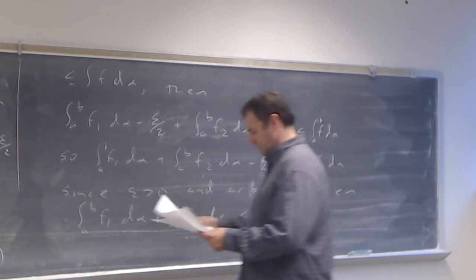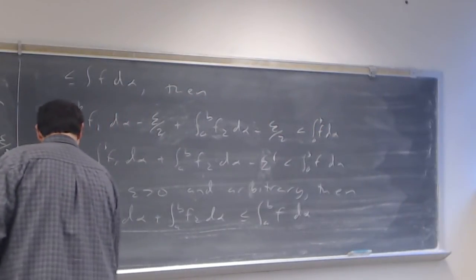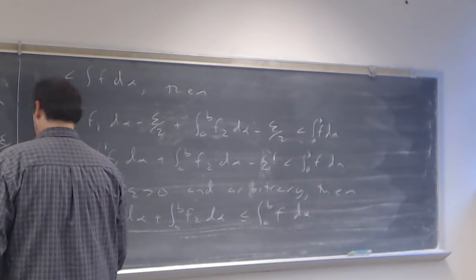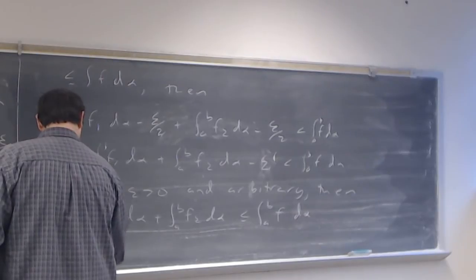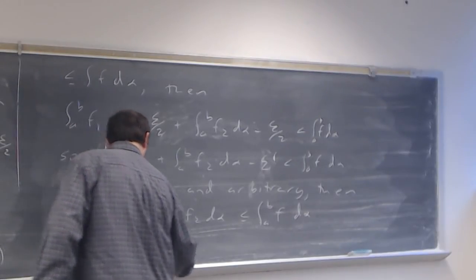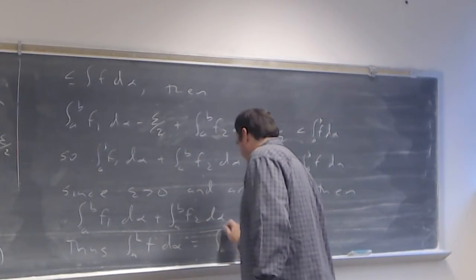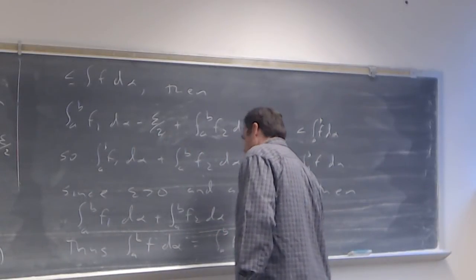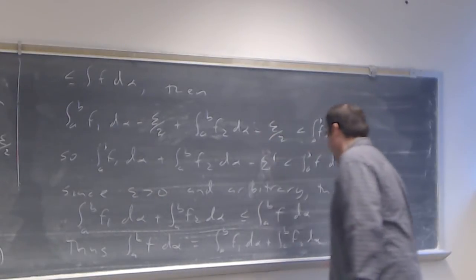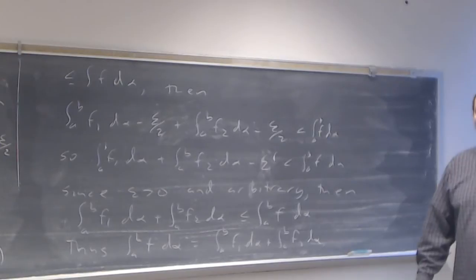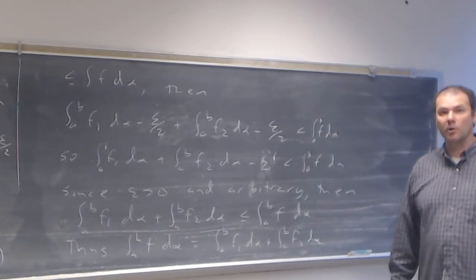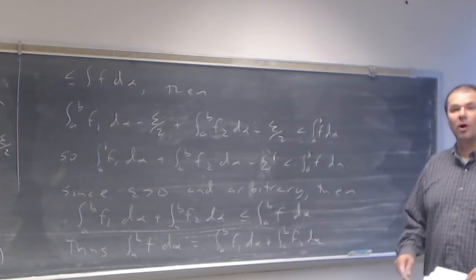So that tells us, because we have two inequalities like that, but in opposite directions, that the integral from a to b of f d alpha is equal to the integral from a to b of f sub 1 d alpha plus the integral from a to b of f sub 2 d alpha. And that's what we wanted to show for part of this proof. And now we want to work with the constant times f sub 1 and its integration.